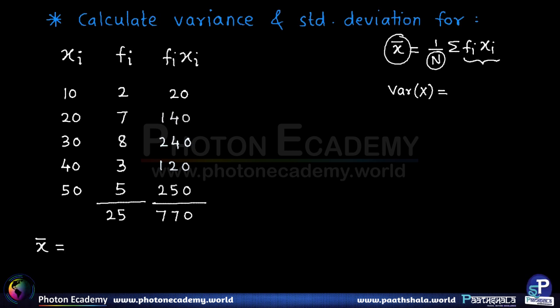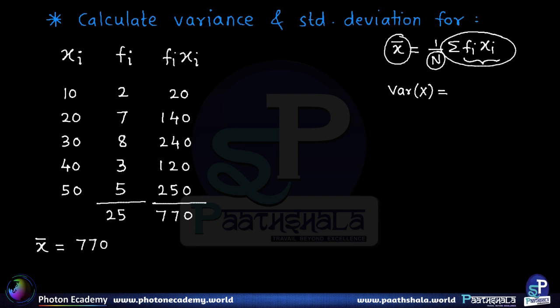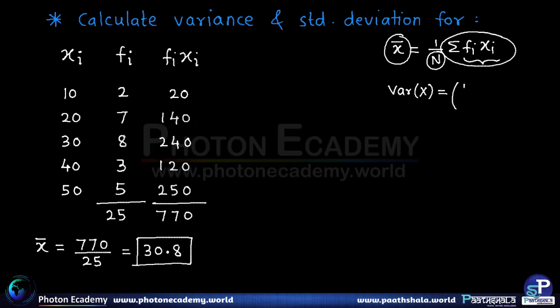Mean is summation of fi xi whole upon n, that is 770 divided by 25, which turns out to be 30.8. Here we see that 30.8 is not a round figure, it has a fractional part. So we go ahead with the second form of the variance, that is 1 upon n summation fi xi square minus x bar the whole square, right?